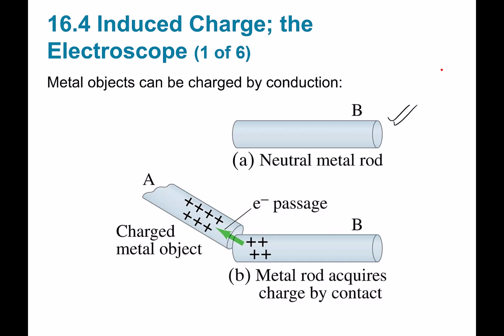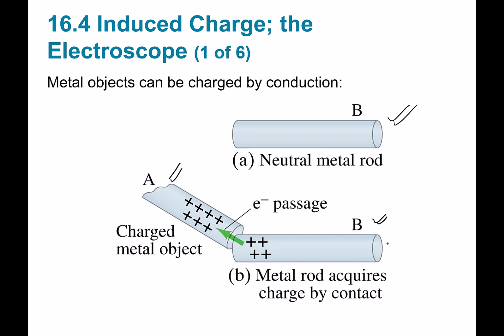Suppose a positively charged metal object A is brought close to an uncharged metal object B. Both are metals, and if the two touch, the free electrons in the neutral one are attracted to the positively charged object, and some of those electrons will pass over to it. Since object B, originally neutral, is now missing some of its negative electrons, it becomes positively charged.